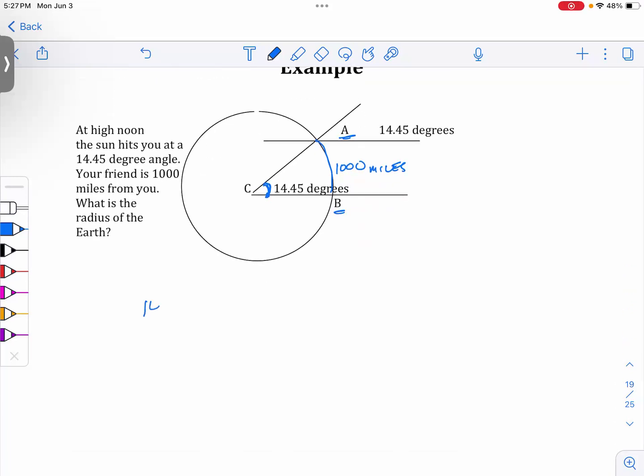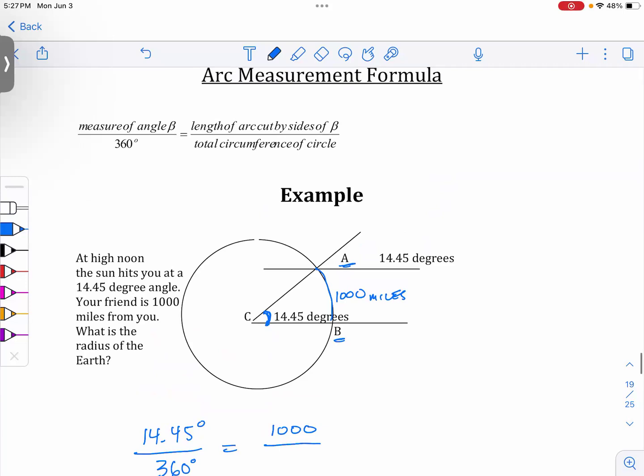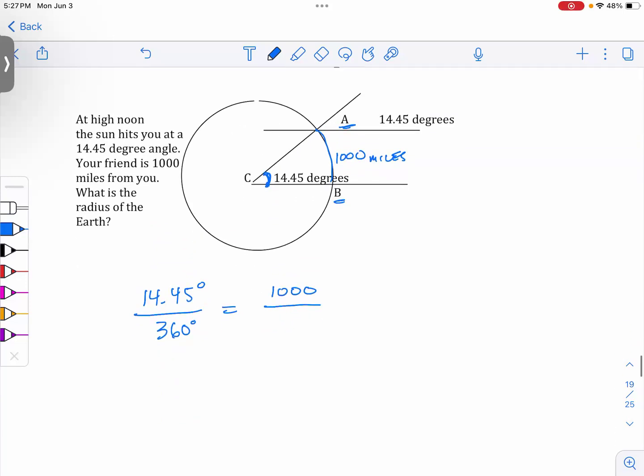So we have the angle is 14.45 degrees, and the total angles of a circle is 360 degrees, right? When you do a 360-degree spin, you turn all the way around. I'm then told the distance on the outside is 1,000 miles, and I'm looking for the total circumference all the way around the circle.